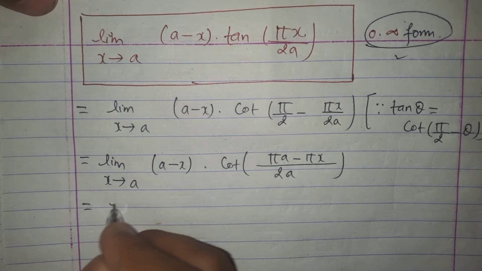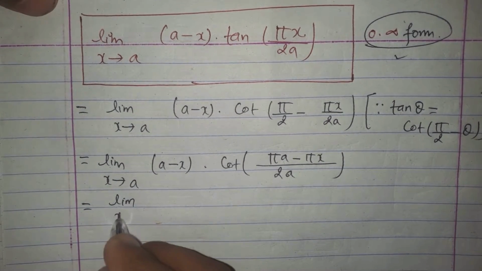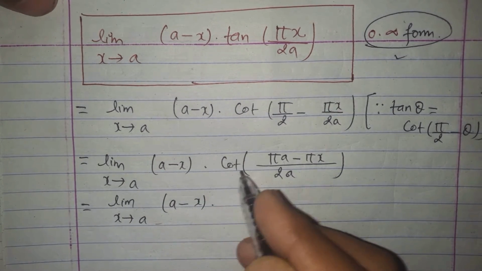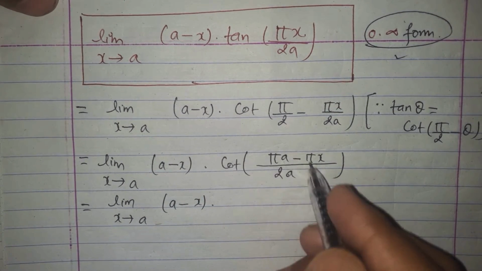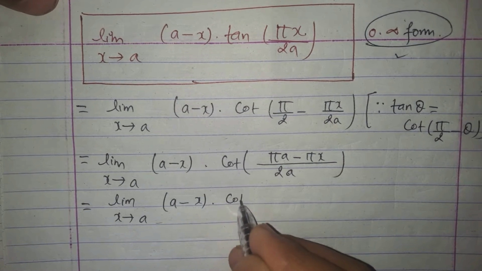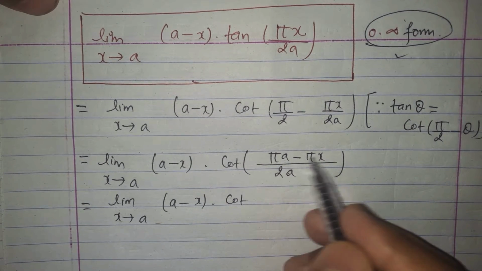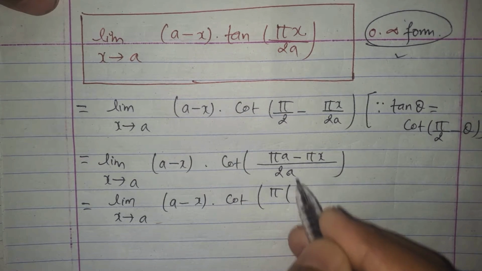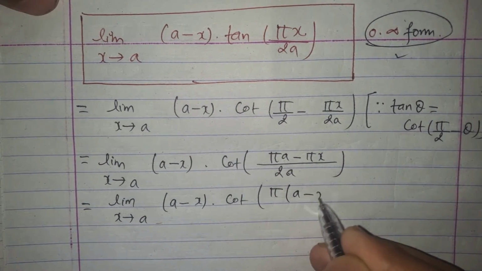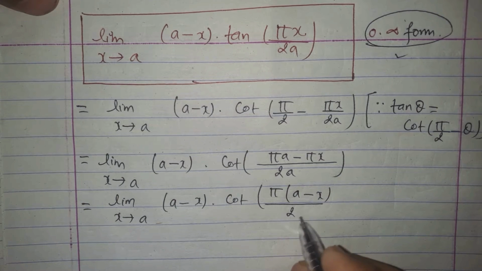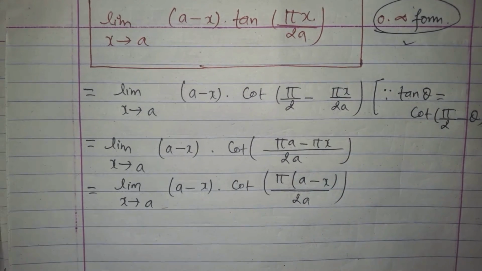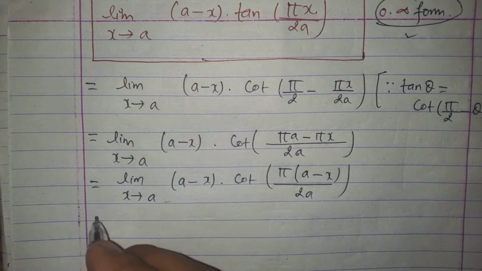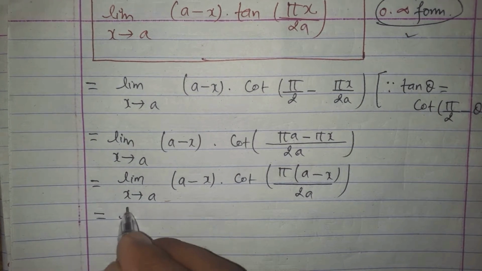Let's simplify again. Inside the parenthesis we can take pi as a common factor, and the remaining term will be a minus x over 2a.